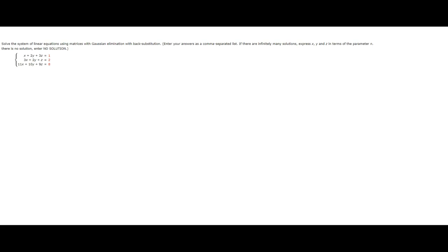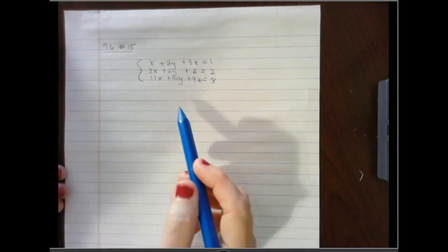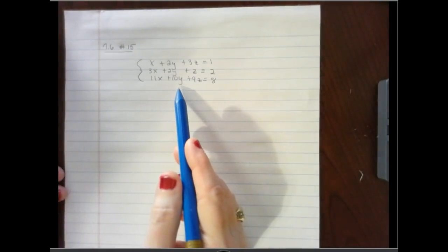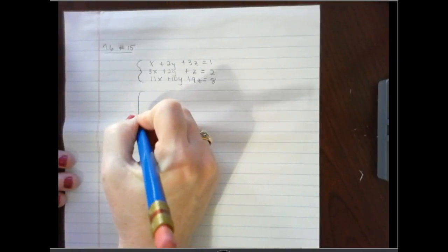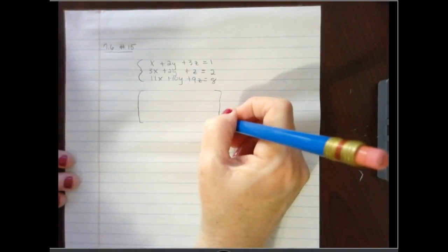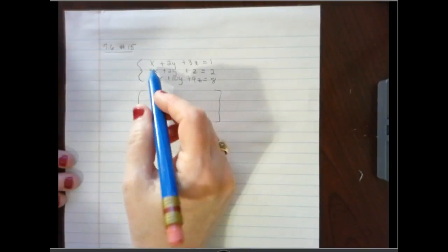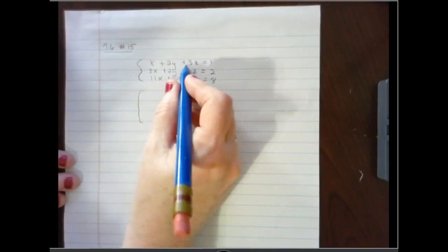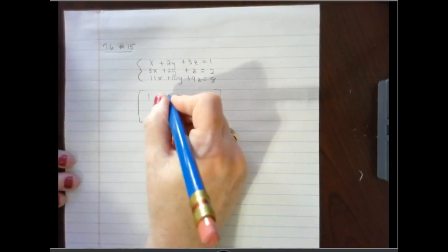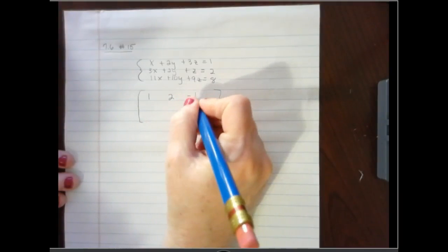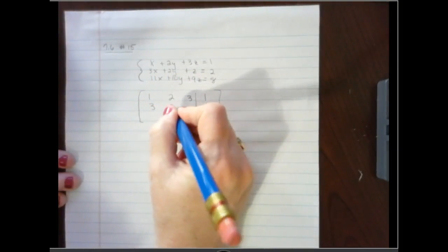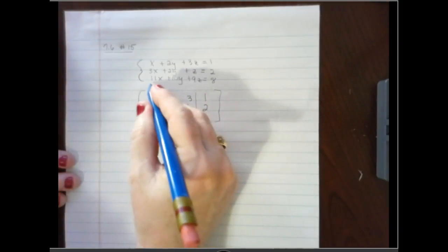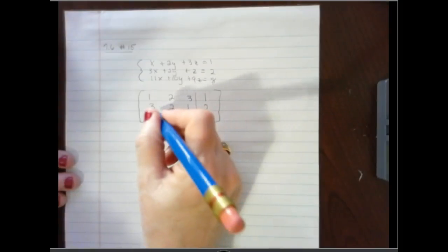As you can see, I've written our system on a piece of paper, and I'm going to rewrite this in an augmented matrix so we can solve. My augmented matrix is going to be my coefficients: 1, 2, 3, 1, and then 3, 2, 1, 2, 3, 2, 1, 2, and then 11, 10, 9, 8.